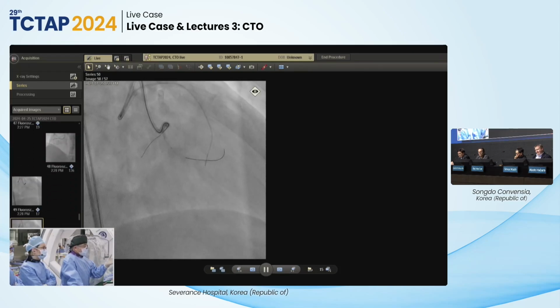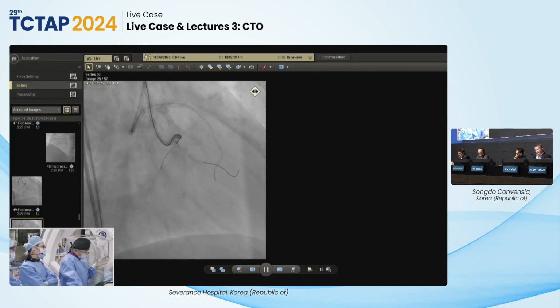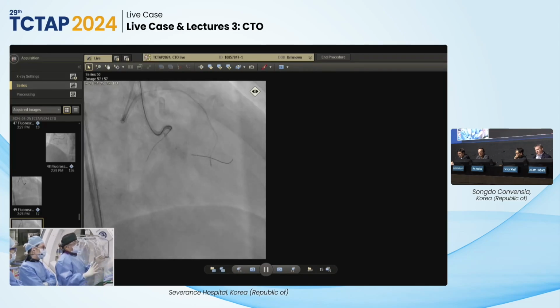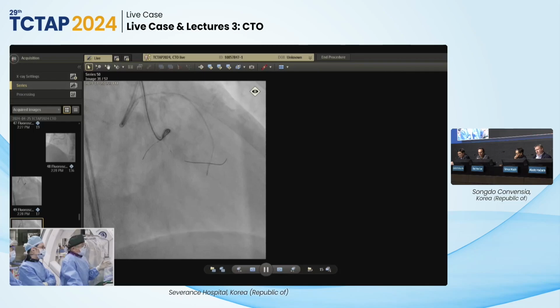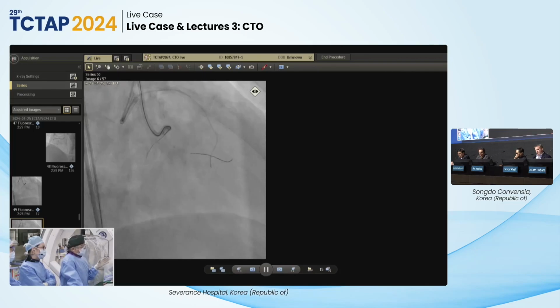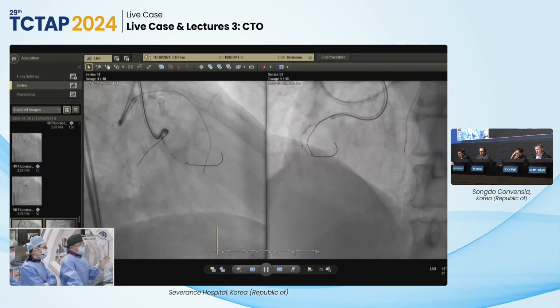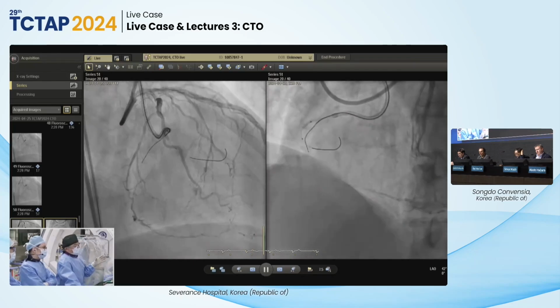Our system is a biplane system, so we can very easily check the two views simultaneously or consecutively.